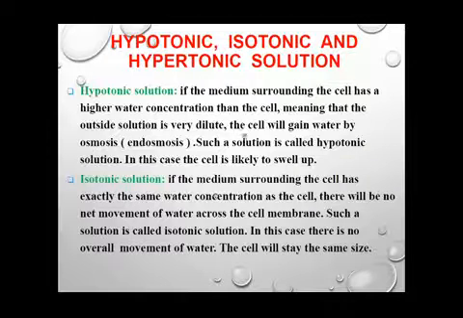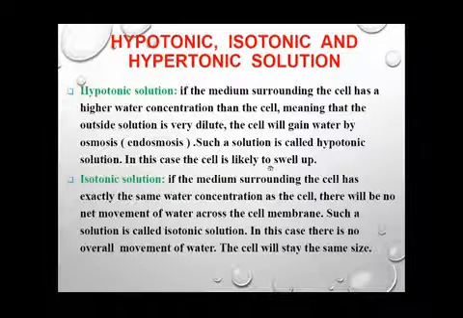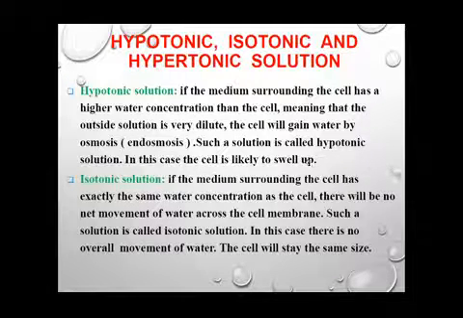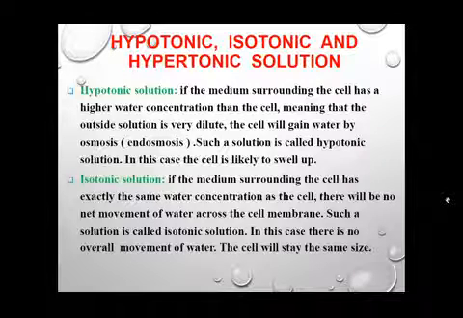So in this way the cell will gain water by the process of osmosis, and as the water is entering into the cell, the whole process of osmosis is known as endosmosis. Such a solution is known as hypotonic solution, and in this case the cell is likely to swell up due to the entry of water from the outer medium to the inner medium.